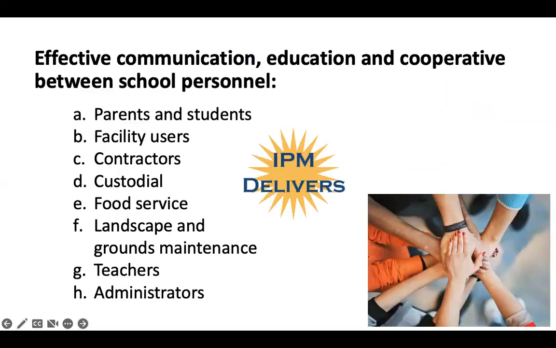So for schools, keep very good, effective communication. Education and cooperation between your school personnel are really critical. In schools, there are lots of different people who have different responsibilities and roles, as you can see here. Parents, facility users.